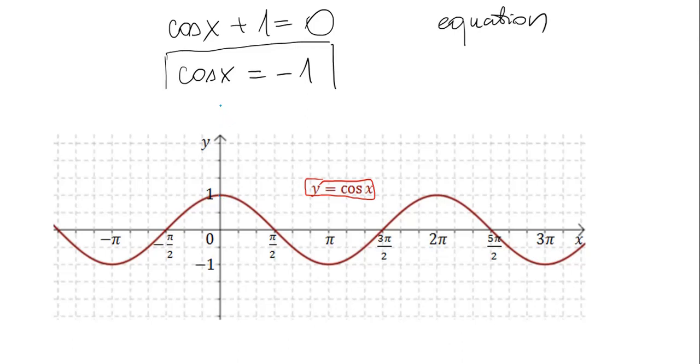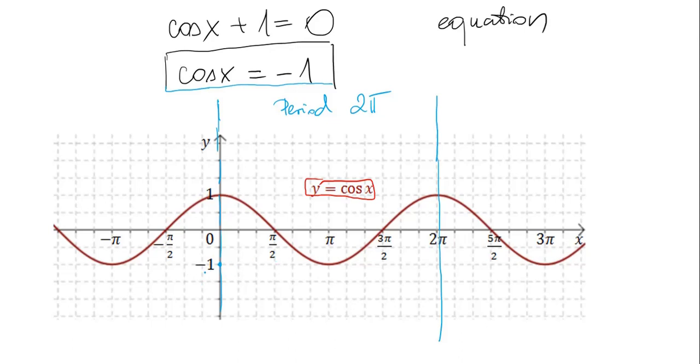But we also have a period. So if I put here the line at 2 pi, then you can see that here we have a period of the function, and the period is 2 pi. And then you have exactly the same wave. And what we are looking for is where the cosine is negative 1. So negative 1 is here.